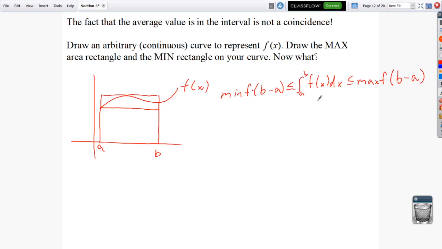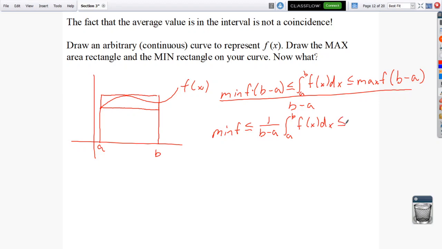When we copy it over to here, I can now go through and divide everything by b minus a. And now what I'm guaranteeing is the minimum of the function, the smallest value of the function, is going to be less than or equal to 1 over b minus a times the integral from a to b of f of x dx.